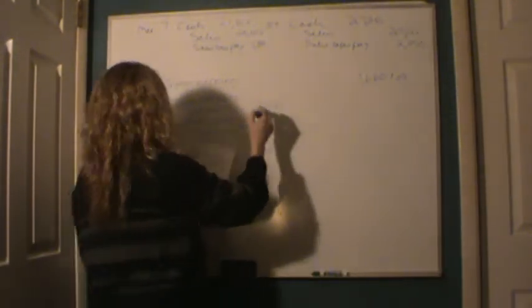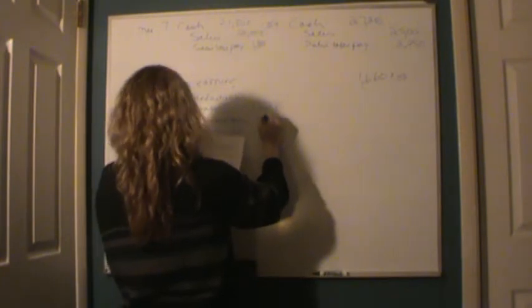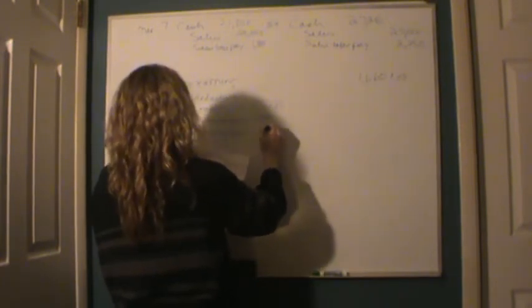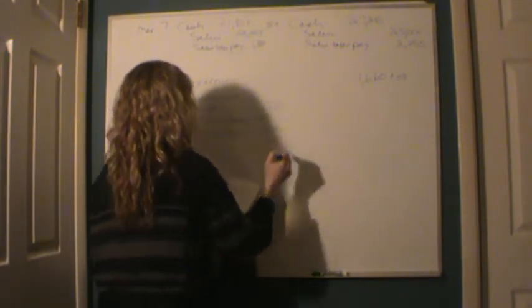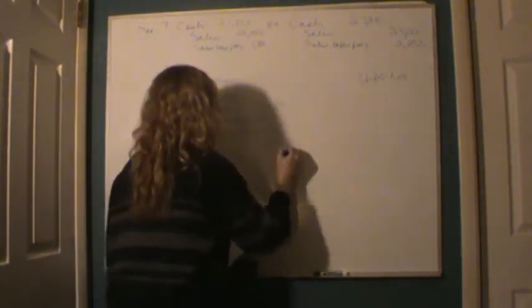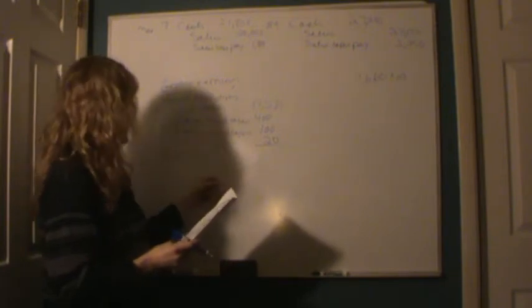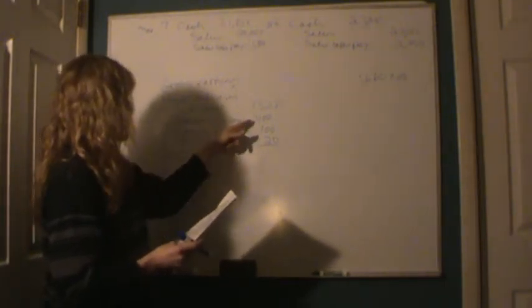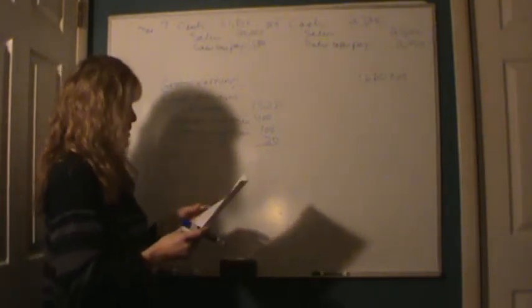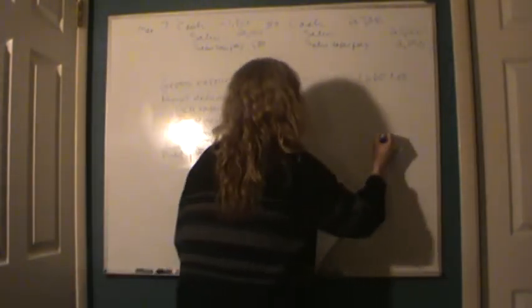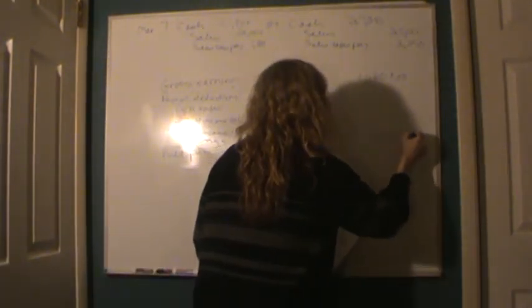Federal taxes are $400, state taxes are $100, and also a savings amount of $20. So we're going to deduct all of these items from her gross earnings to get her net earnings. So if we add the $132.80, the $400, the $100, and the $20 together, we will get $652.80.